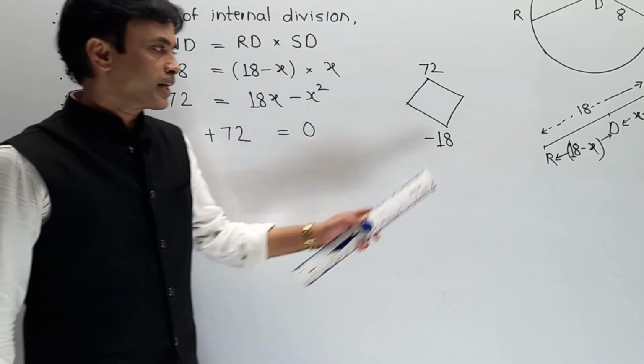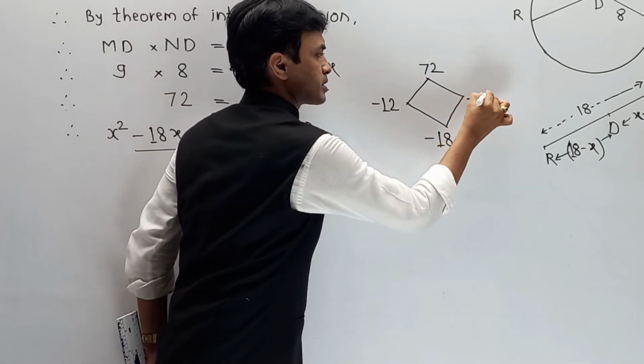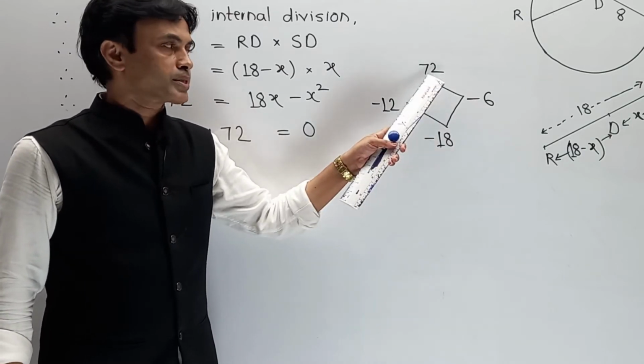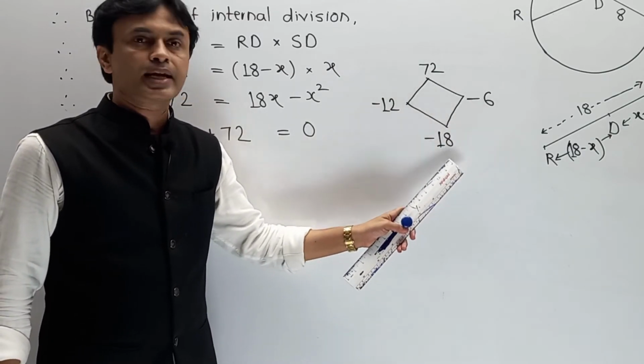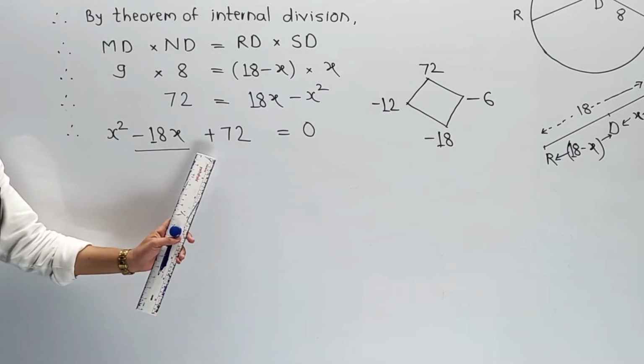In that case, the respective numbers are minus 12 and minus 6. Minus 12 into minus 6 becomes plus 72, and minus 12 minus 6, their addition is minus 18. Means we are able to get the breakup value of minus 18x.